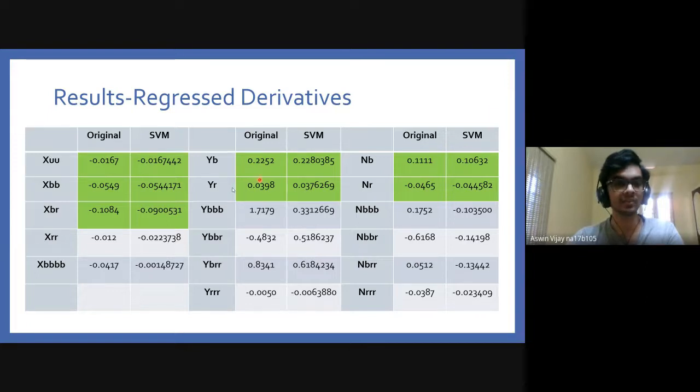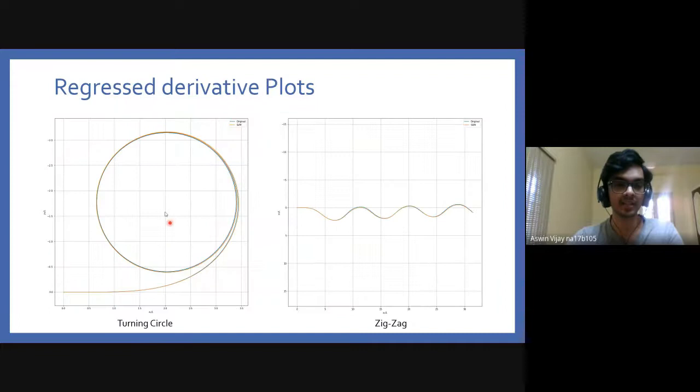So you can see that even with the wrong derivatives that I have regressed, I'm getting pretty good results. The blue one is the original one with the original derivatives, while the orange one is the SVM one with the wrong derivatives. So this is what I meant by having more than one solution.